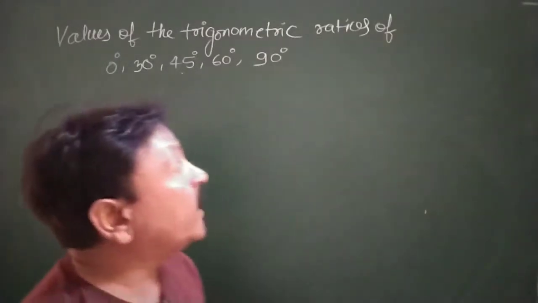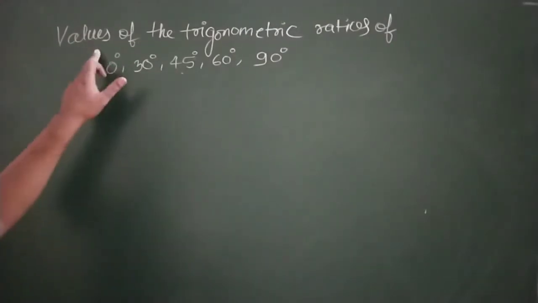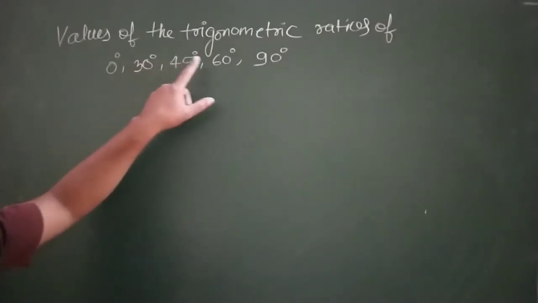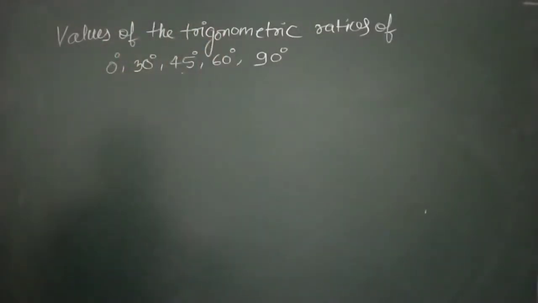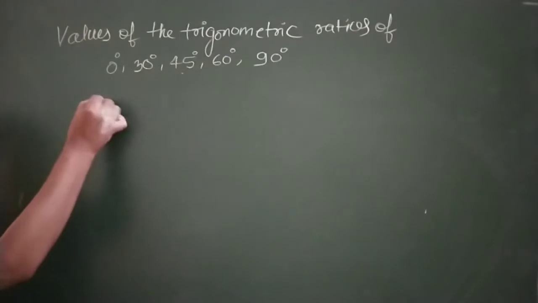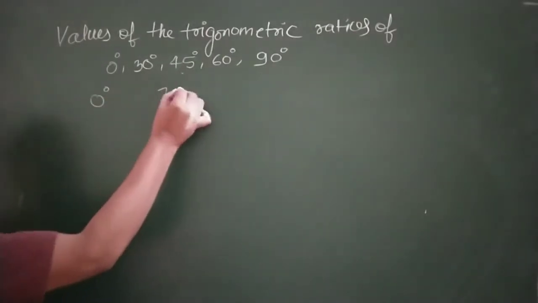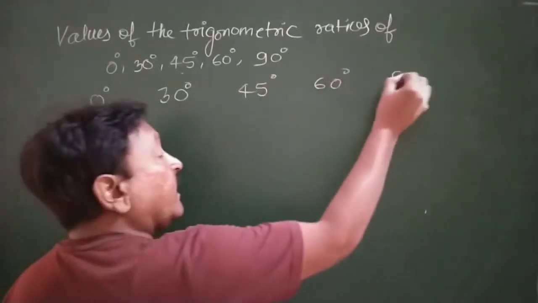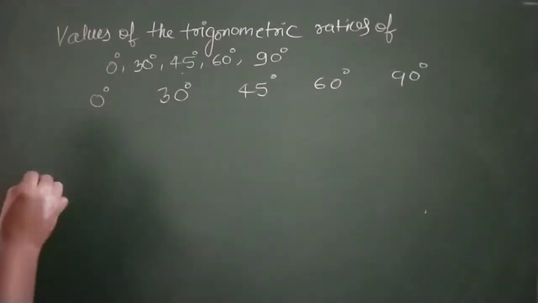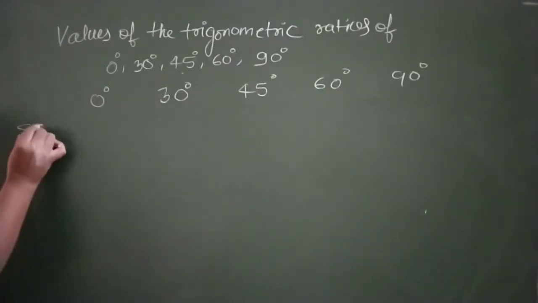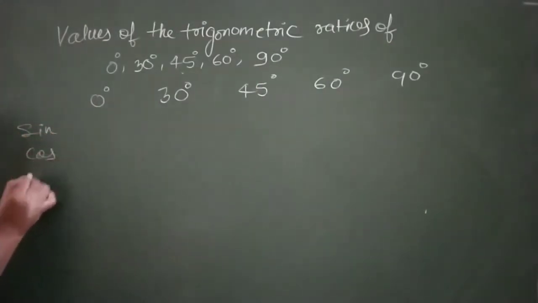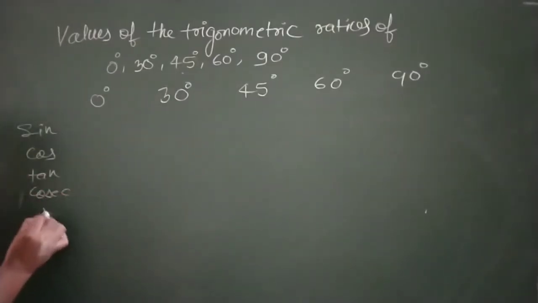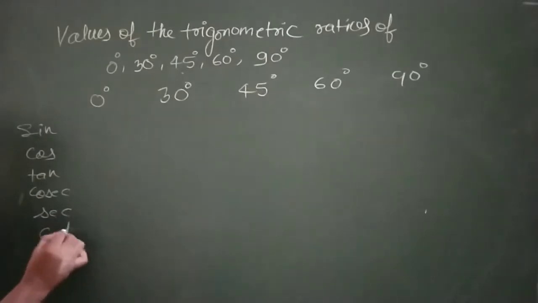For solving exercise 8.2, we must know the values of the trigonometric ratios for angles 0, 30, 45, 60 and 90 degrees. We have to find these values for sine, cos, tan, cosec, sec and cot.